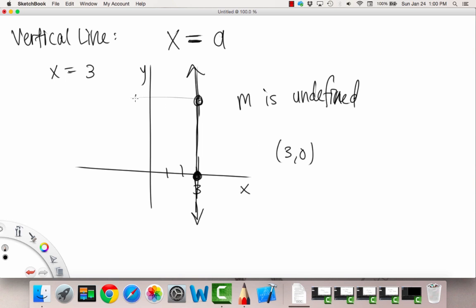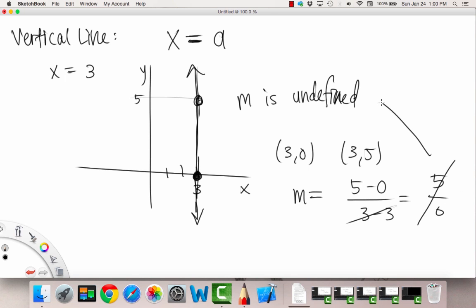And let's say this is (3, 5) or something. If you were ever to take the slope of 2 points, we would get any y change over 3 minus 3, because the x coordinate is always the same, so the difference is always going to be 0. So we get 5 over 0, which is undefined, right?